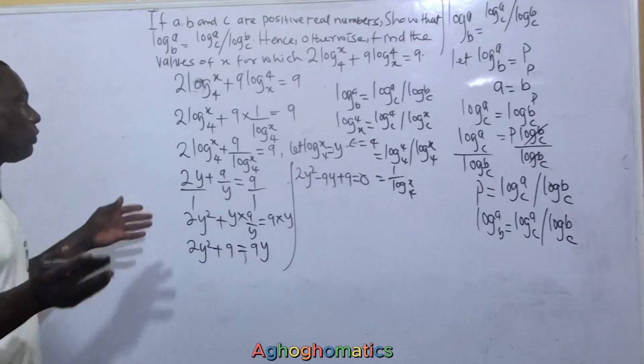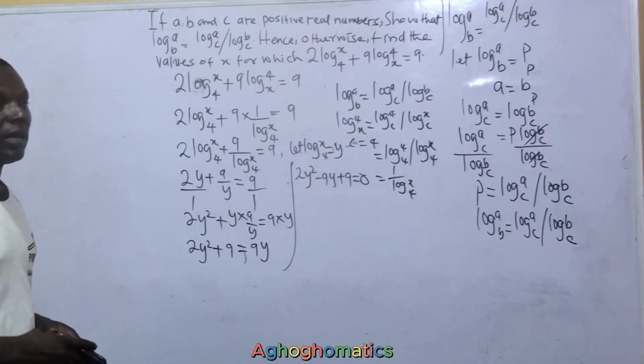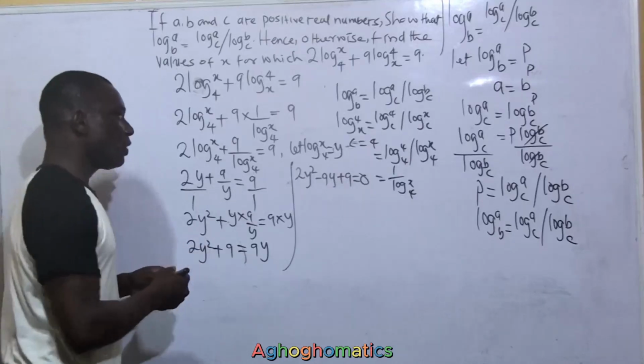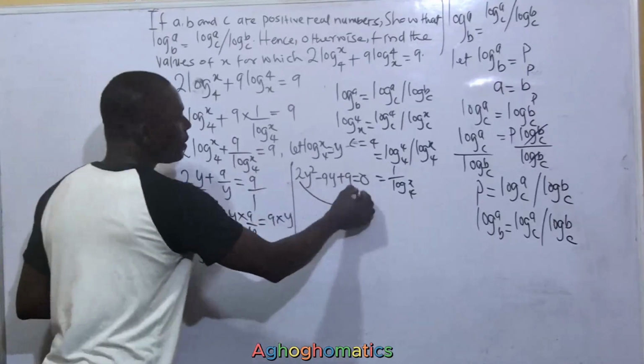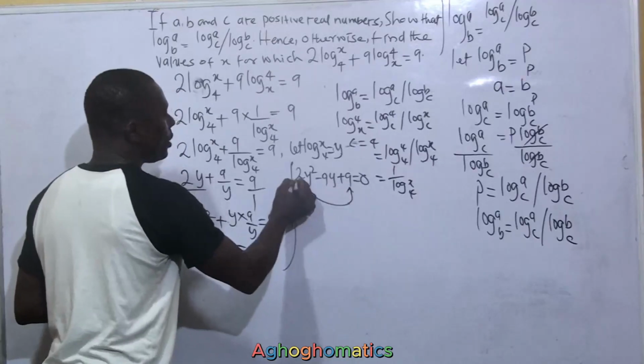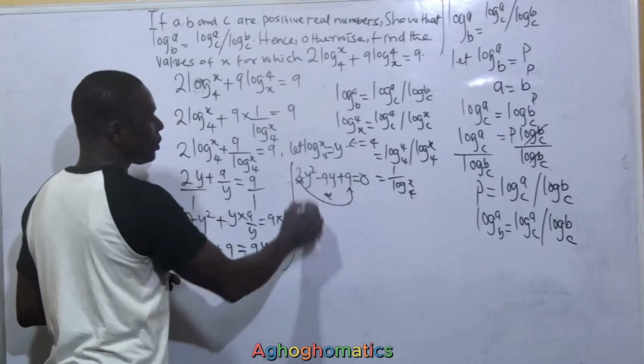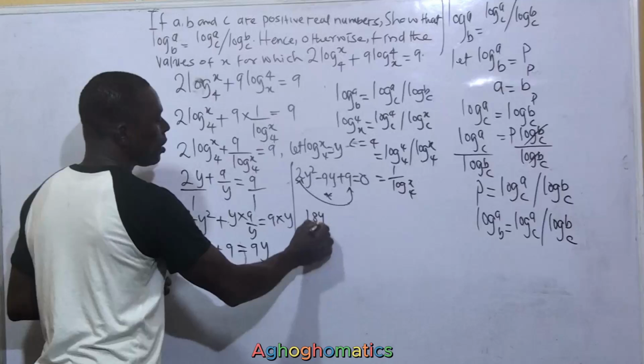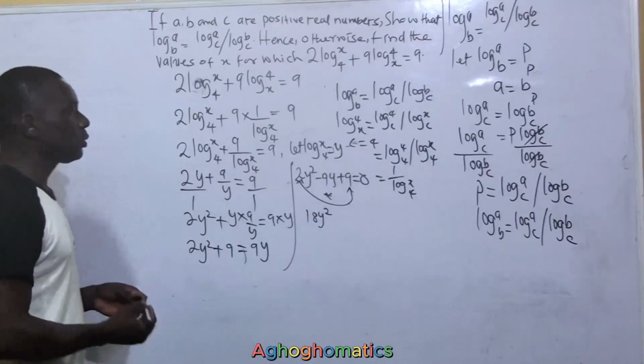So how do you solve it? This can be solved using the factorization method by first multiplying the term containing the square by the constant term. If we do this, the result becomes 18y squared.